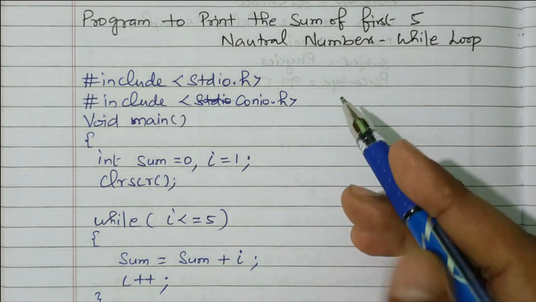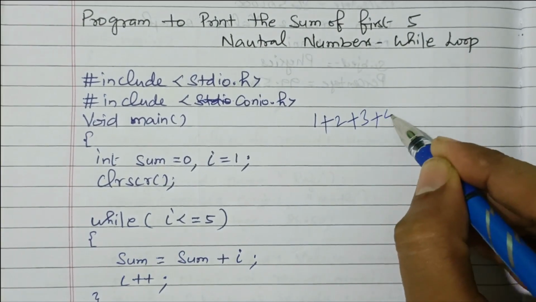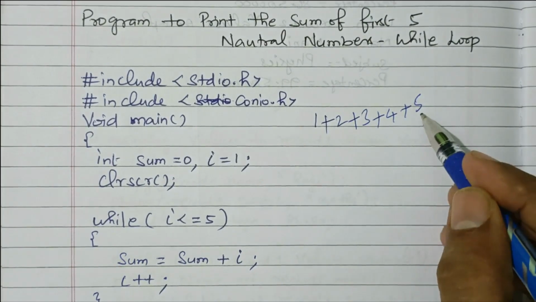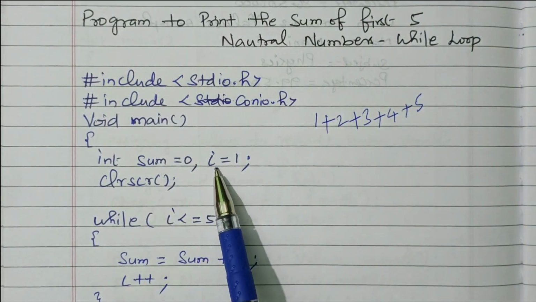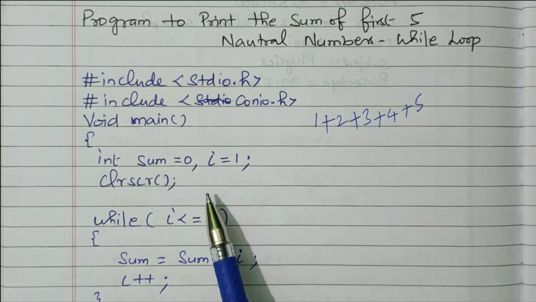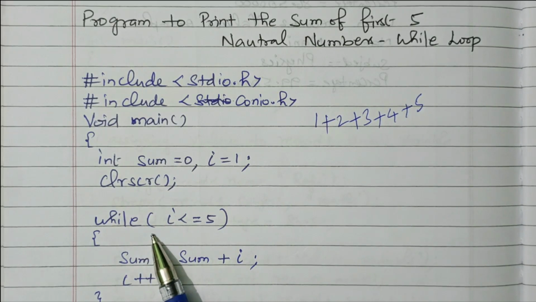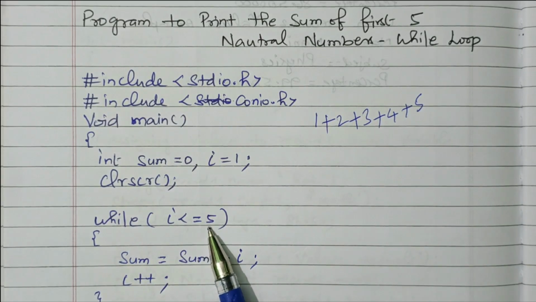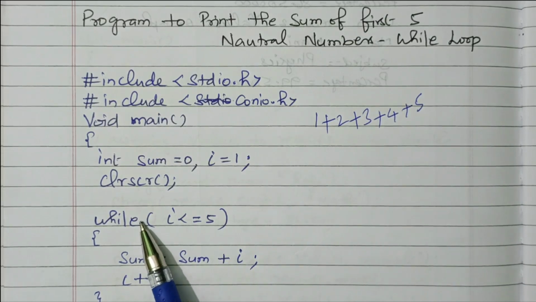So our aim is to find 1 plus 2 plus 3 plus 4 plus 5, up to 5. It is clearly given in the program, right? After clear screen, we can open the while loop: while i less than or equal to 5. We already discussed that do while means first we do the process, then only we check.